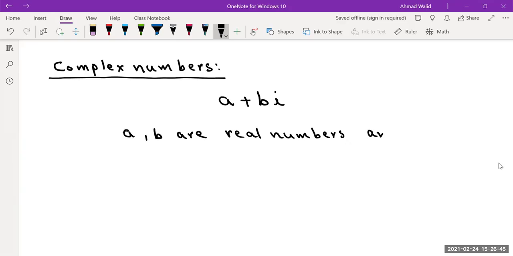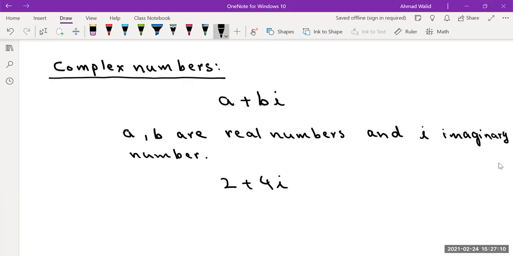And i is your imaginary number, correct? The imaginary part or number. For example, 2 plus 4i.